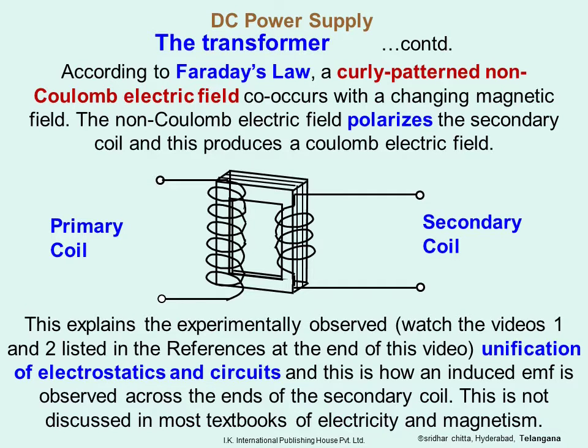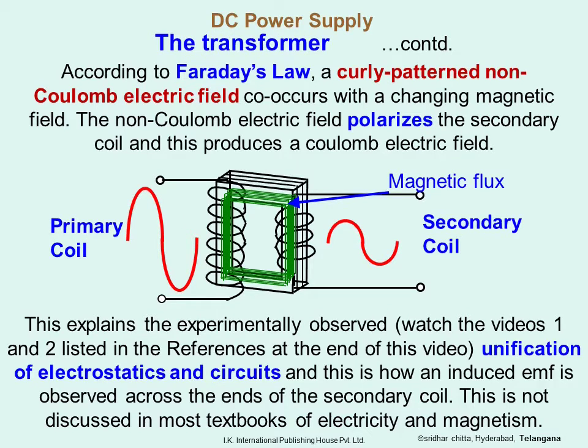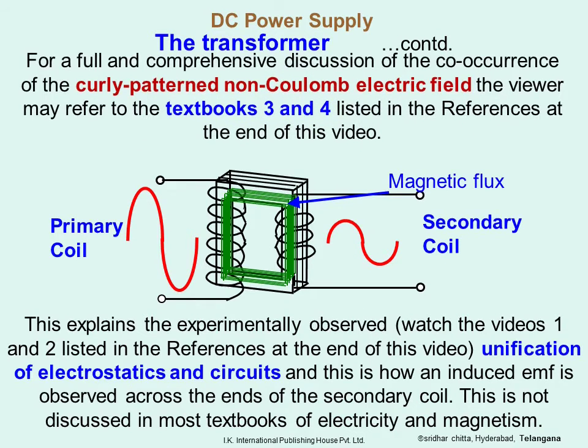This is not discussed in most textbooks of electricity and magnetism. For a full and comprehensive discussion of the co-occurrence of the curly pattern non-Coulomb electric field, the viewer may refer to the textbooks 3 and 4 listed in the references at the end of this video.